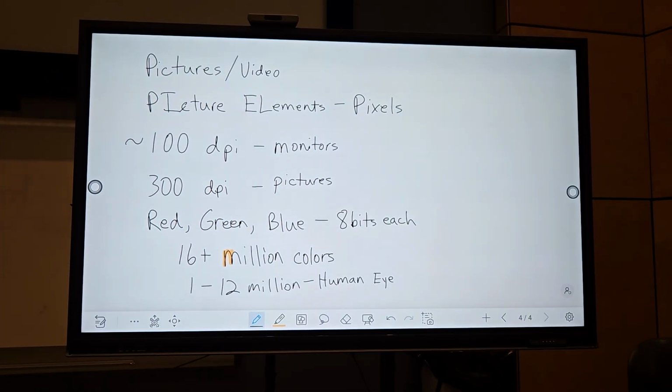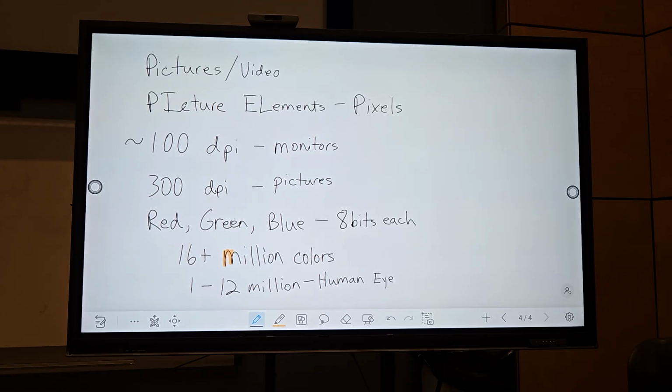I asked ChatGPT earlier how many colors the human eye can discern, and it said 1 million. But I remember reading somewhere, I don't remember the source, that the human eye can distinguish approximately 12.1 million different colors. So it depends on who you ask, whether it's a hallucinating AI or an ophthalmology book.